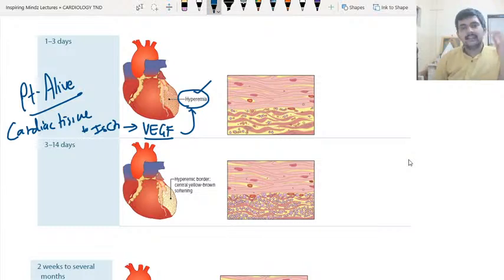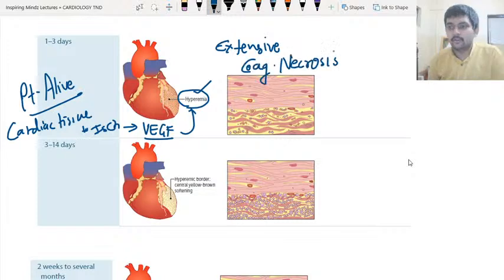Now what happens in the light microscopy on the 1st to 3rd day? Remember, there is going to be extensive coagulative necrosis that will happen in this specific area of the heart.